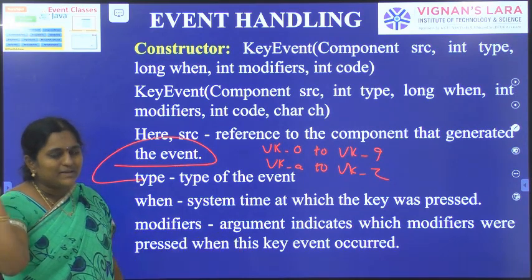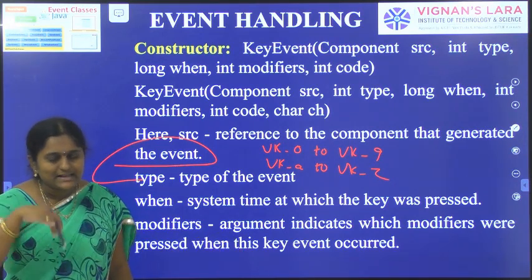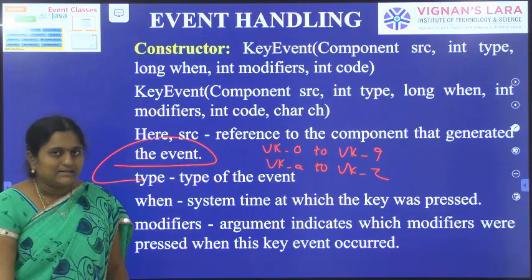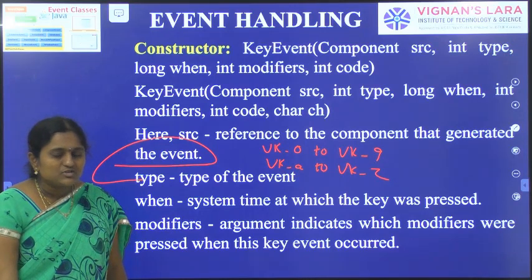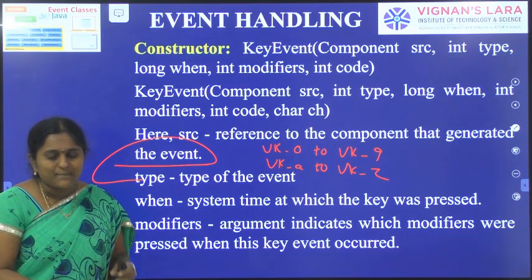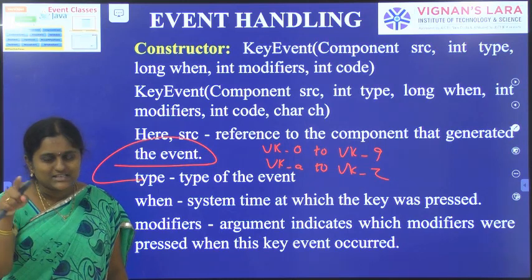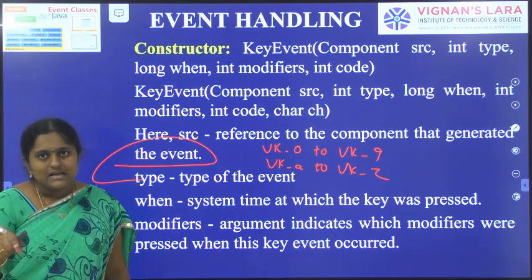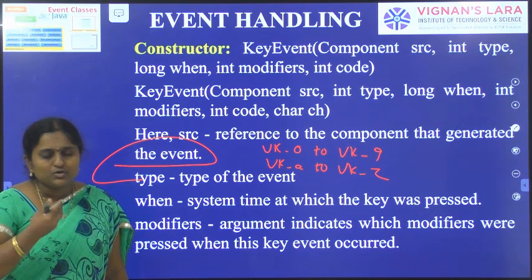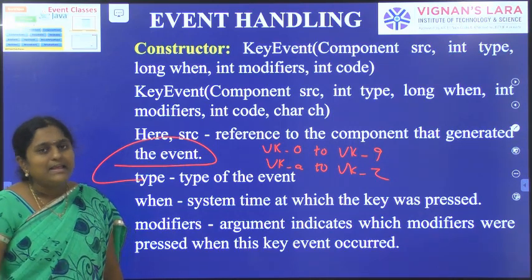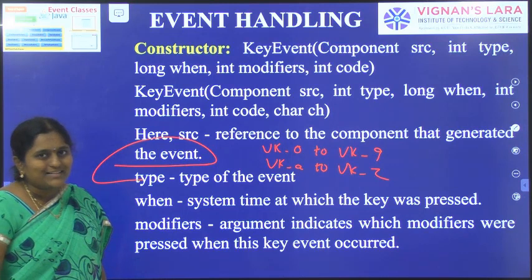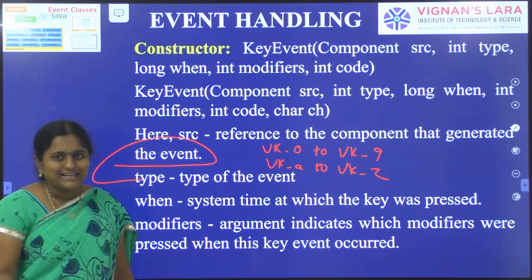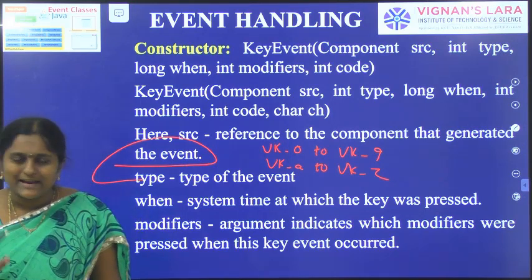If you press a key, type a key, or release a key, a KeyEvent is generated. On our keyboard we use all those modifiers: the Alt key, Control key, Shift key, up key, down key, and the Enter button. If the user presses any key, a KeyEvent can be generated.